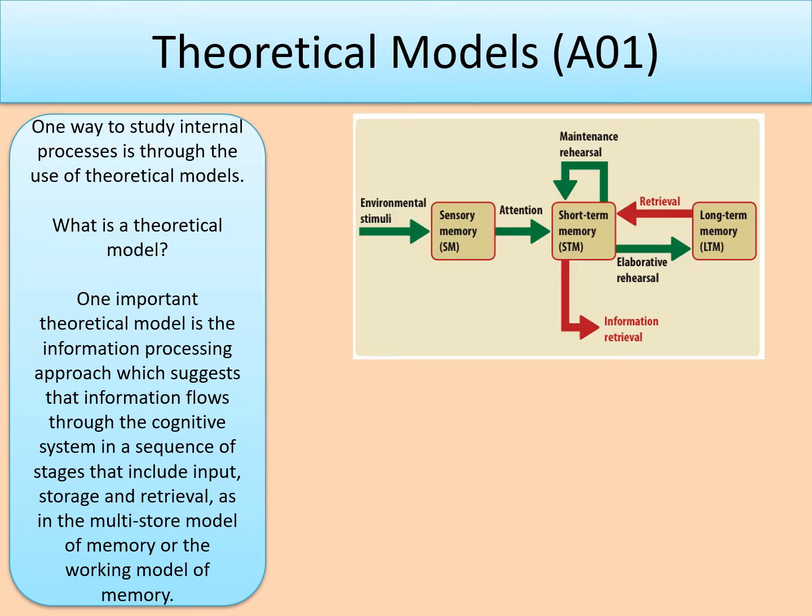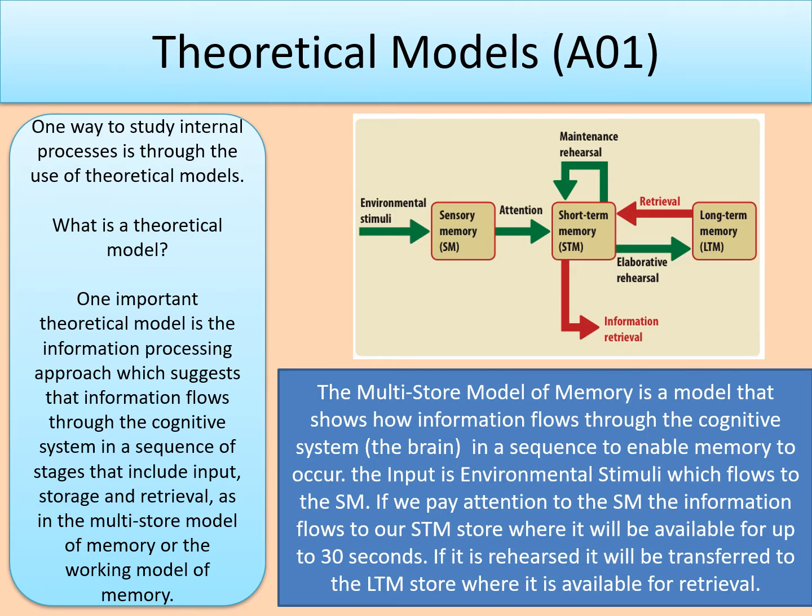So the cognitive approach uses theoretical models, and we've just talked about the multi-store model of memory. So it says one way to study internal mental processes is through the use of theoretical models.